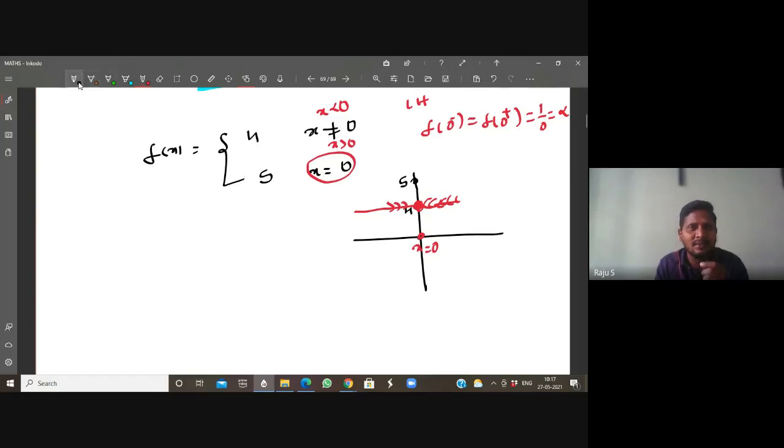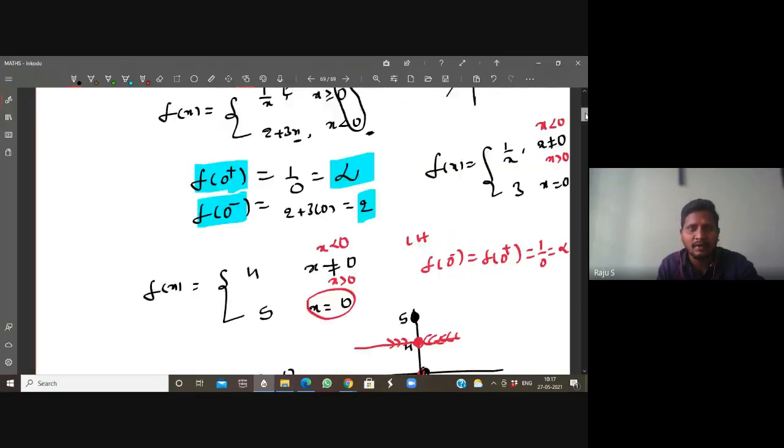Directly at x equal to 0, the function value is 5. So f of 0 minus is clearly equal to f of 0 plus, but it should not equal f of 0. So this is oscillation, oscillation discontinuity.